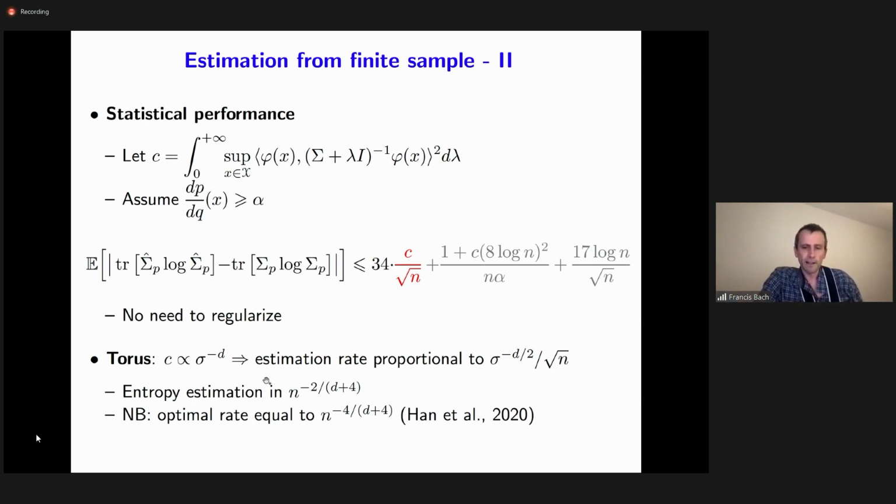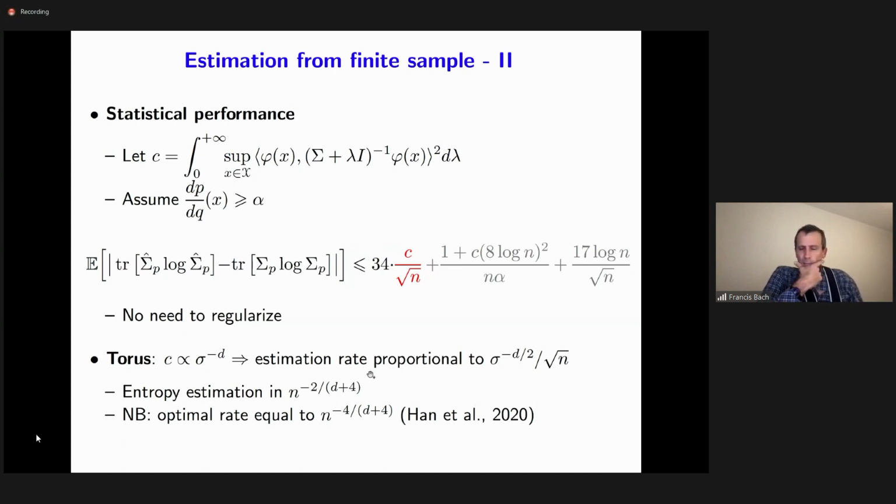And if you put sigma over there, you get an estimation rate proportional to this. So there is a mistake. It's a sigma to the minus d here. I don't know what's happening. I should correct that. Sorry about that.